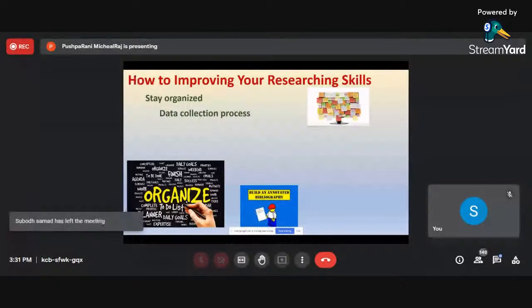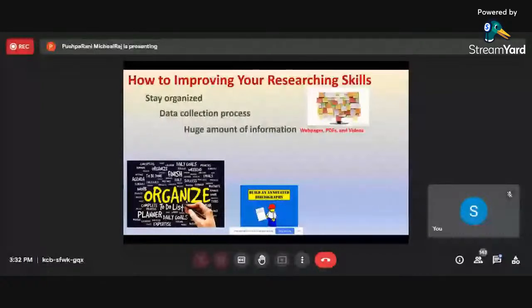So you know how to compose research papers or media for your research at a later point. And bookmark them.